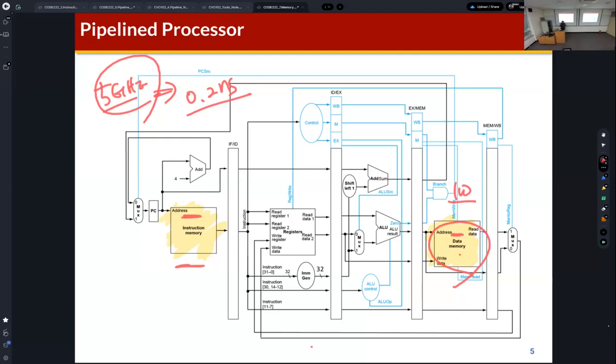It's very, very short, very fast. So in the processor architecture, we assume we can read required data in less than 0.2 nanosecond. It's extremely fast, but it's not possible.